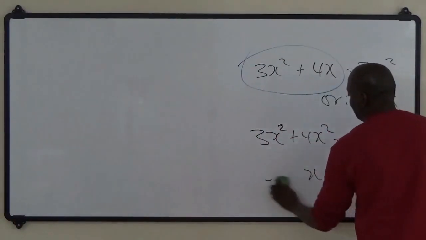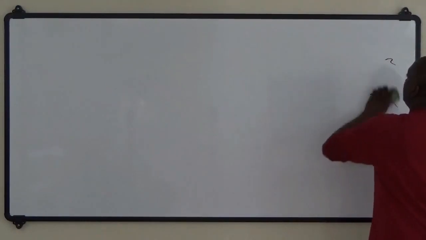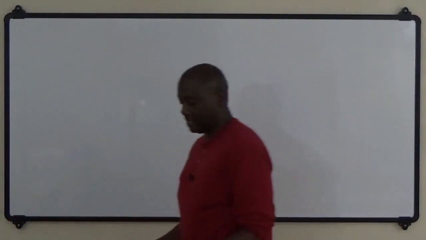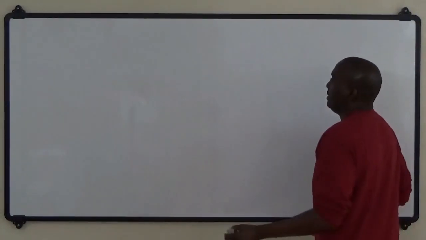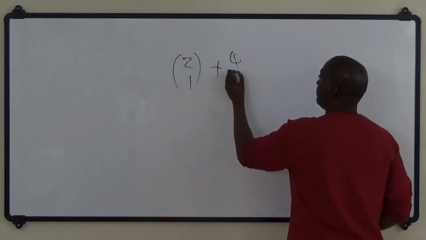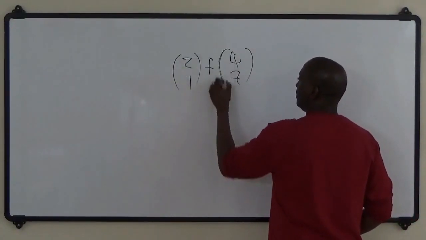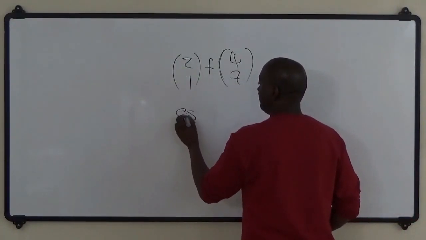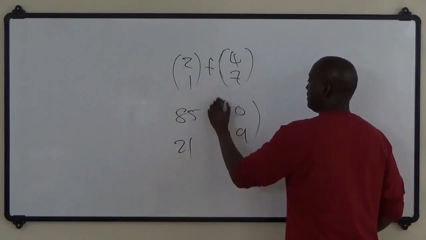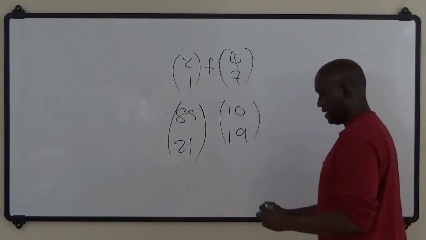So for example, let me start with some small orders. You could add a 2 by 1 and a 2 by 1. You could say 2, 1 plus 4, 7. You could add 85, 21, and 10, 19. You could add those two matrices. Now let me try a different order.